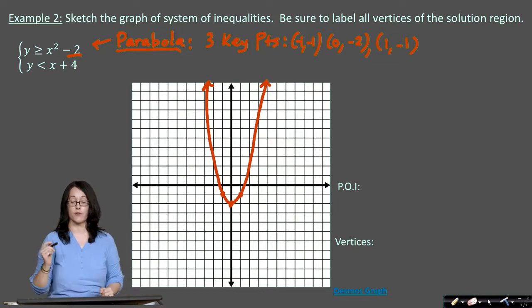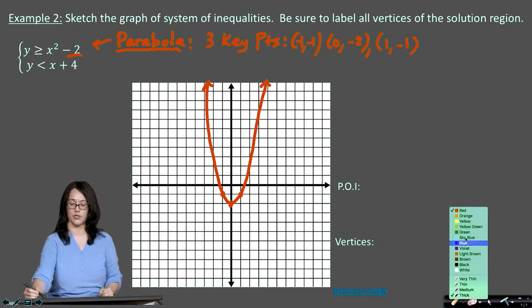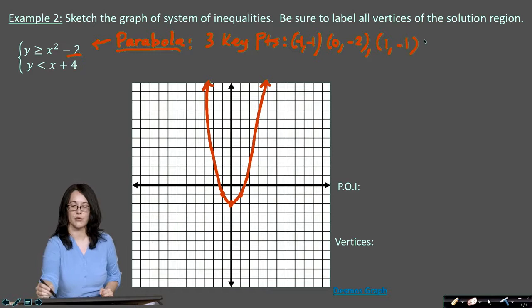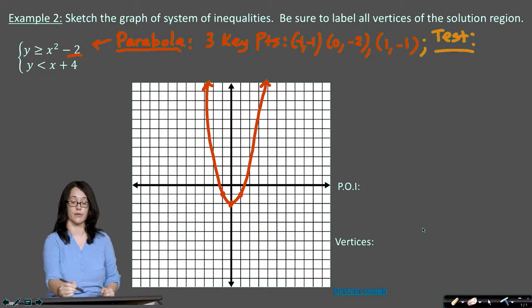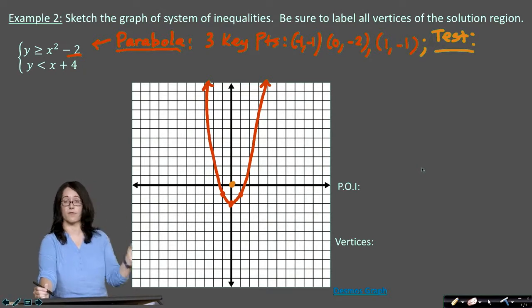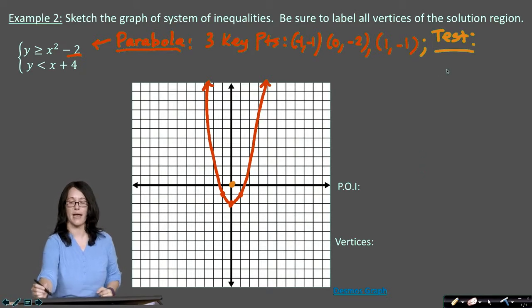Now, as far as shading is concerned, we need to test, don't we? So what point can I test that is not already on that parabola? (0, 0) works for me. If I put 0 in for x and for y in the first inequality, I would have that 0 must be greater than or equal to 0 squared minus 2.